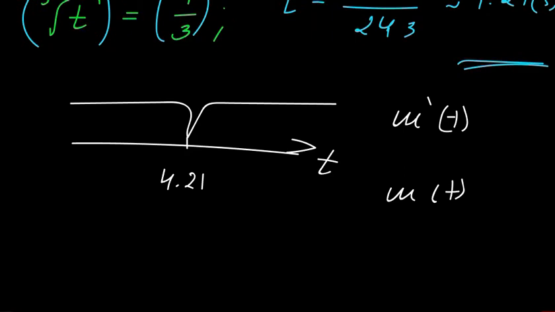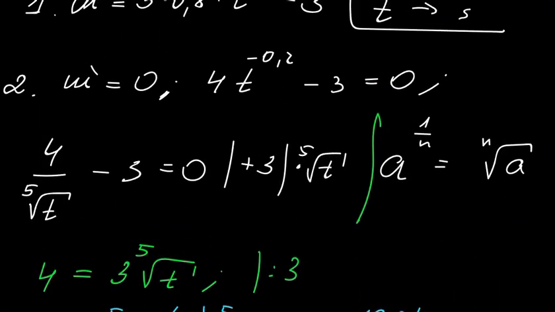Okay, so now we need to check if the derivative is greater than 0 or less than 0 in these two intervals. So let's say 1 is somewhere here, so we can just put 1 in our function.